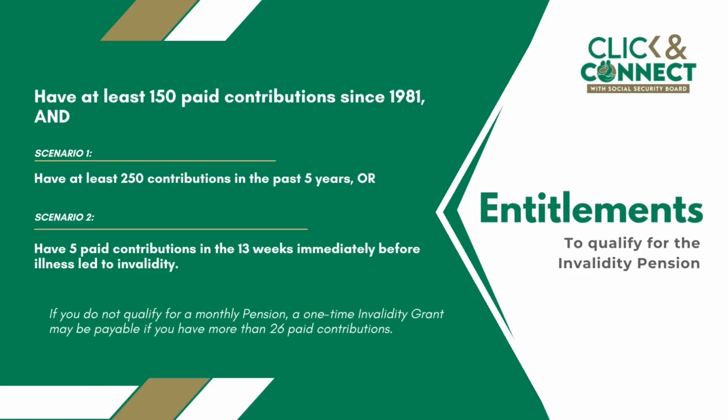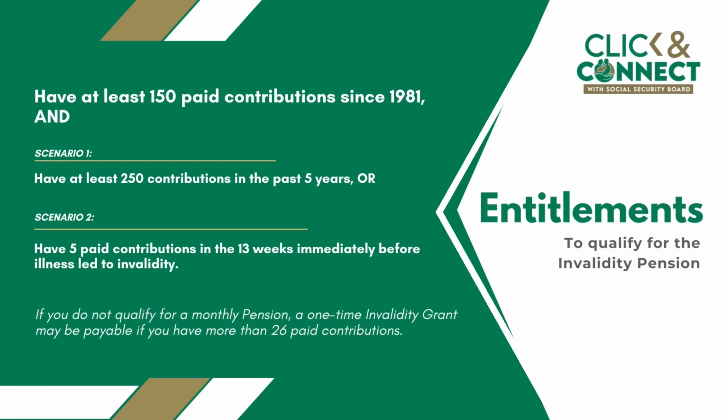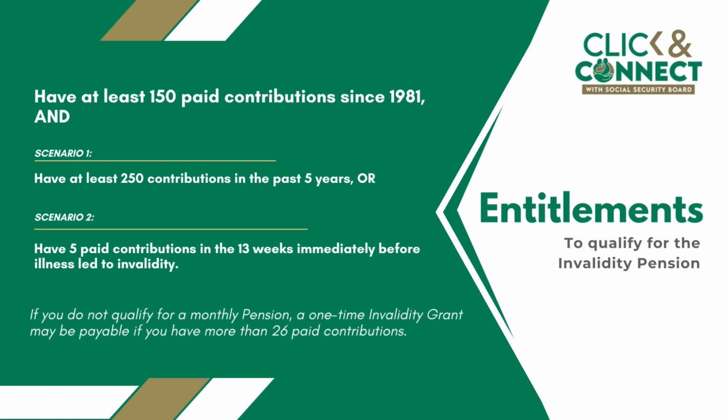For clarity, 1 contribution is the equivalent of 1 week of work. If you do not have the required contributions but you have at least 26 contributions, you may qualify for a one-time payment as an invalidity grant.